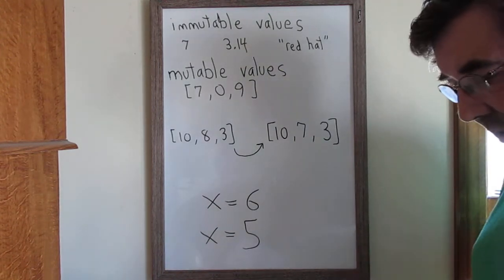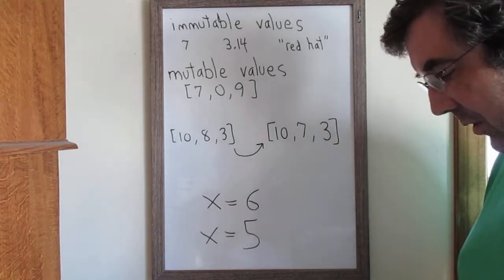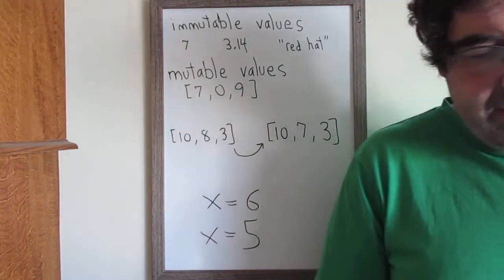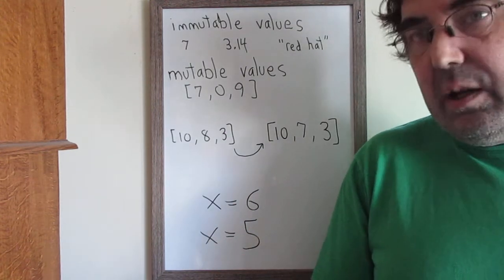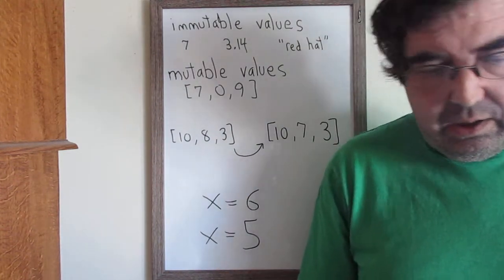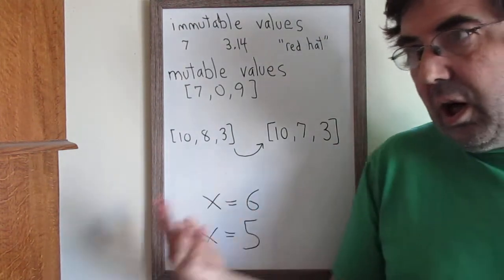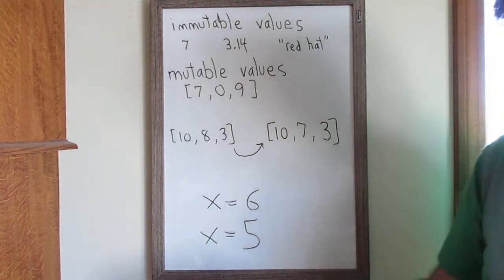Aside from numbers and strings, most other values are mutable values. What does that mean? Well, if I have a value that is not a number and not a string, then most likely that value is a complex value. Most likely that value is a single value.